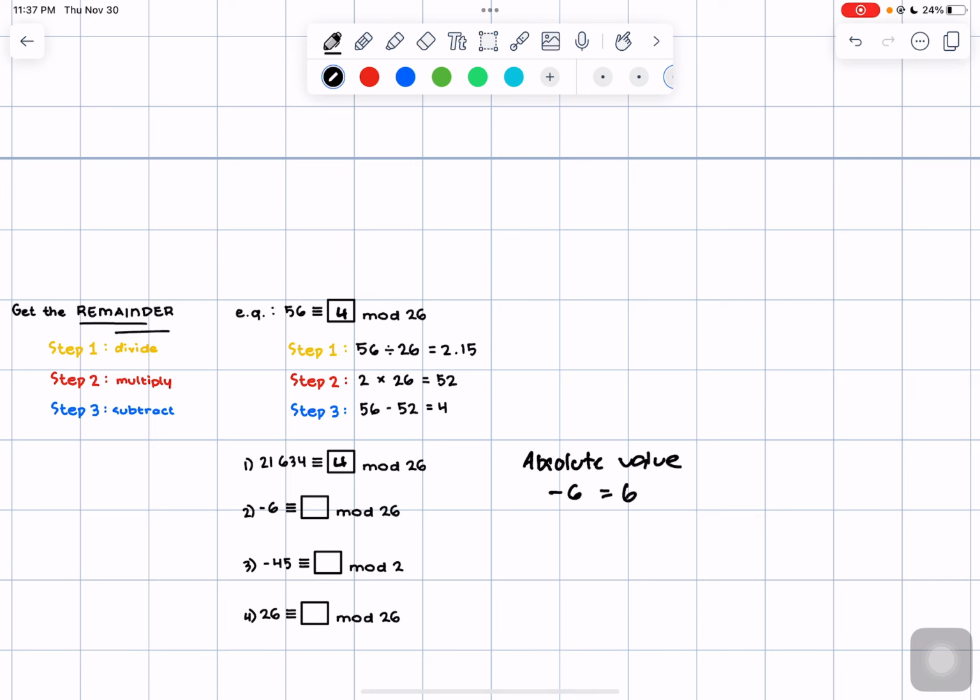That's just 6. For example, if we have negative 51, the absolute value is 51. Back to this. That would only be 26 minus 6 is 20. And that's the answer.